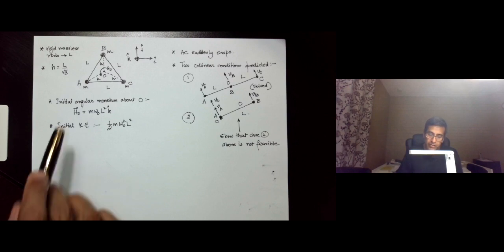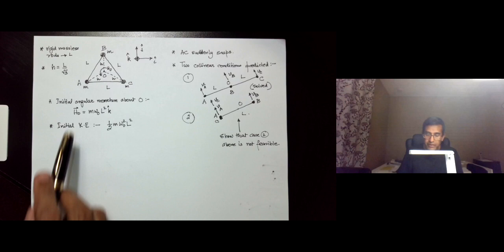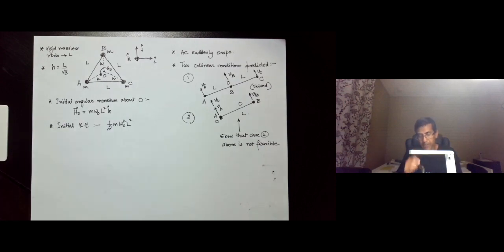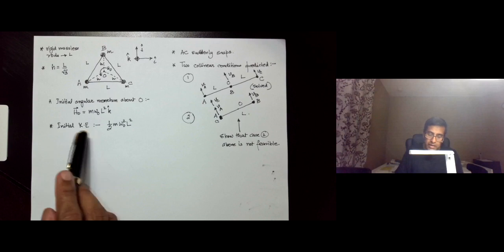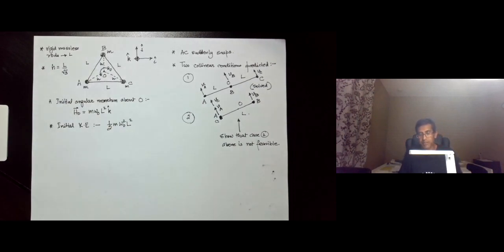So in the interest of time, I have not shown the derivation. Feel free to watch that video to find how the angular momentum was calculated. Similarly, the initial kinetic energy of this system of particles is also given by this expression, half m omega naught squared L squared. And again, I'm not showing the derivation. It's pretty simple, and you can watch the other part of this problem to see how the calculations were done.